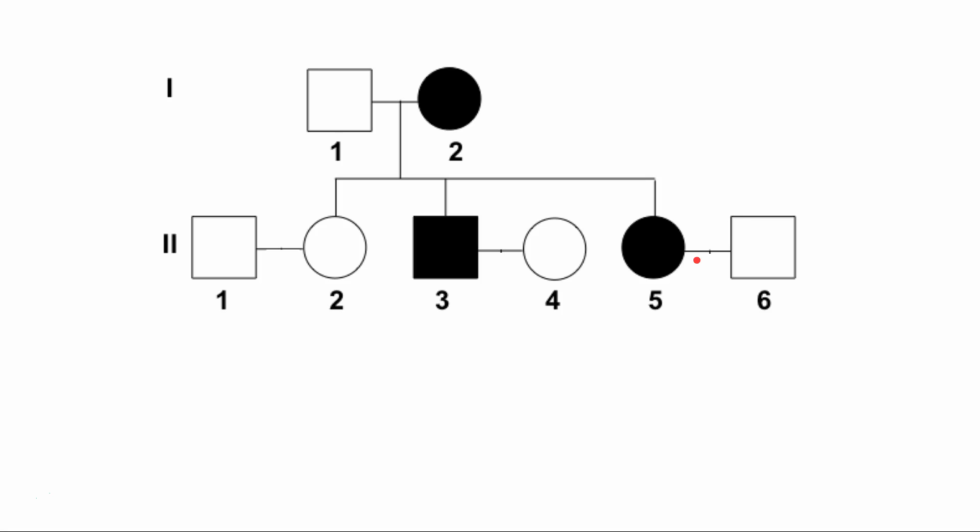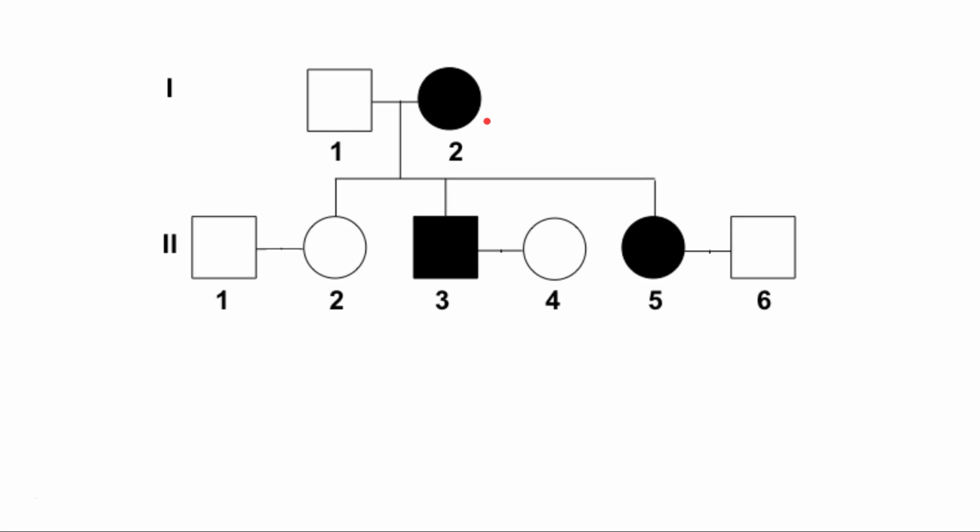So, do we think this is a dominant or a recessive trait? It looks like a dominant trait to me. Definitely looks like a dominant trait. It's not necessarily the case, but you can see here this boy has it, this girl has it, and their parent also had it.